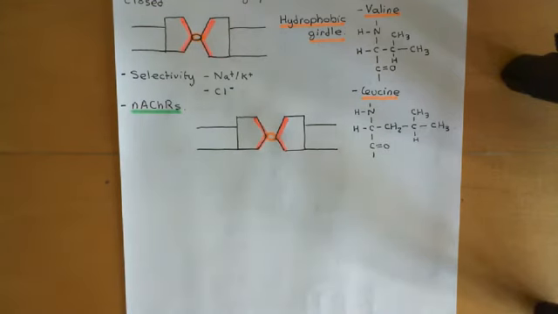But once you're in the open state, how does the nicotinic acetylcholine receptor select for positively charged ions? Well, basically, it has 3 rings of positive charge. Oh, sorry, not rings of positive charge, completely wrong. Rings of negative charge that are around the pore, and which therefore select for positively charged ions.